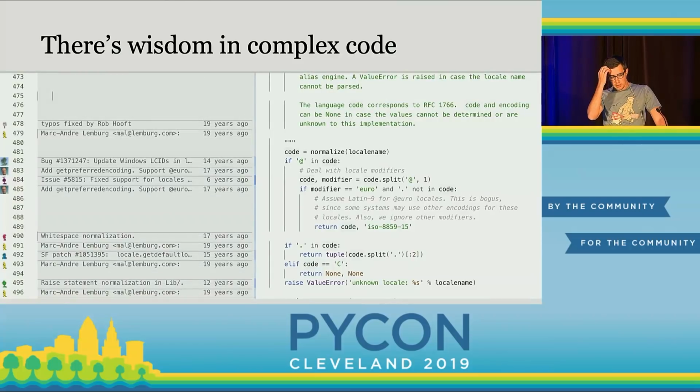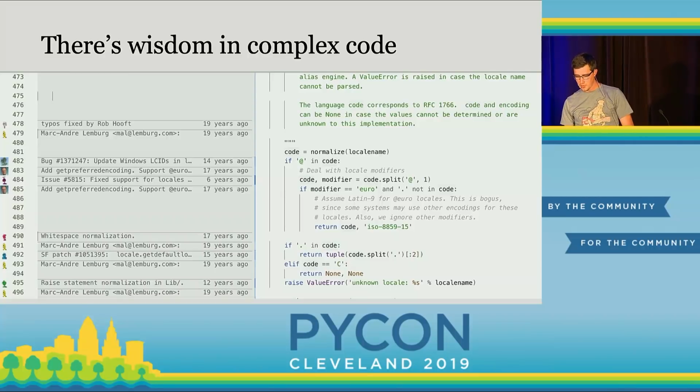But I think you're missing one principle, and that is there's actually wisdom in complicated code, and I will talk about this as well. So most IDEs have a git blame tool. If you've ever used git blame, I've turned on git blame on the same module, but just a few more lines down. And you can actually see here who and when and why each piece of code was changed.